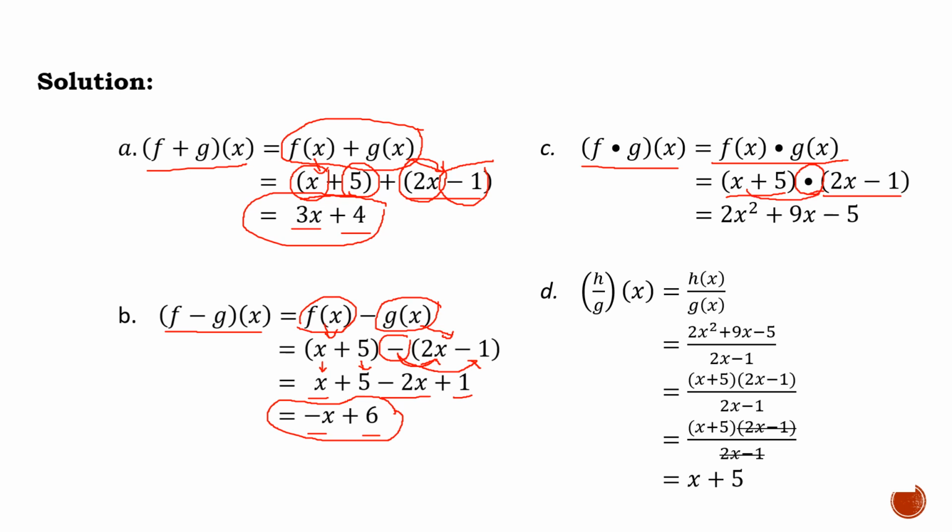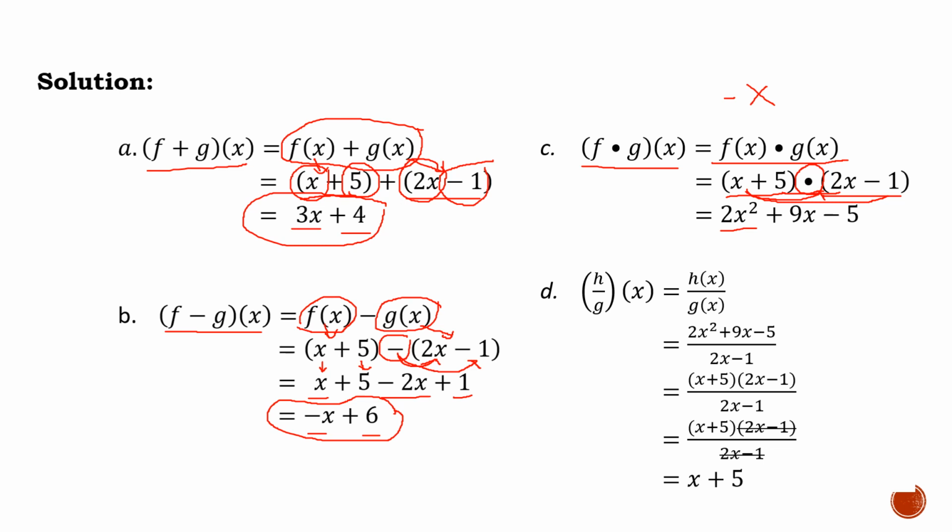So x multiplied by 2x, so that will be 2x squared. So x multiplied by negative 1, so that will be negative x. So there is a negative x here. Then we distribute your 5 to 2x minus 1.